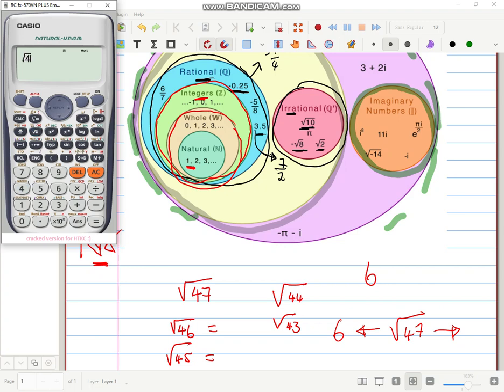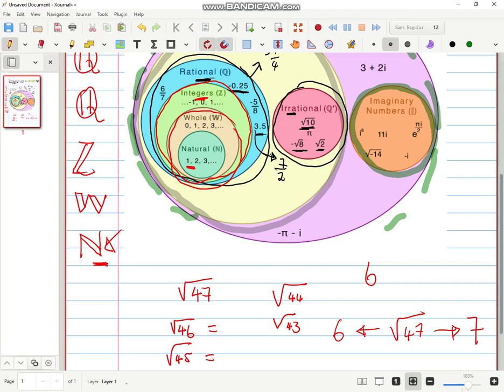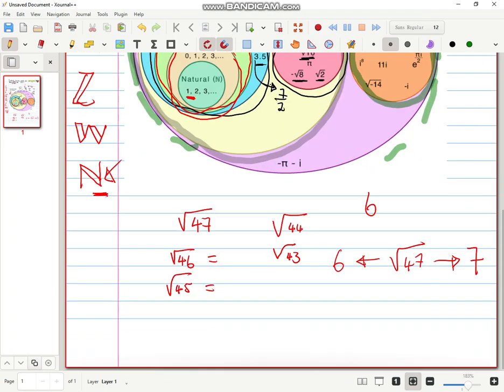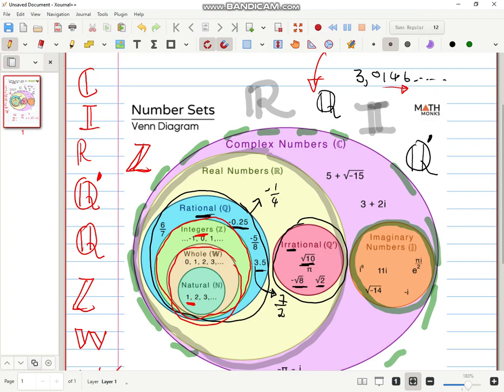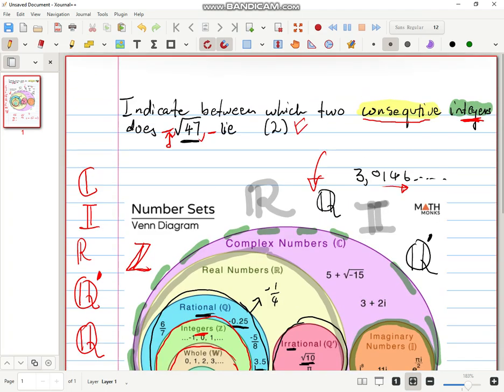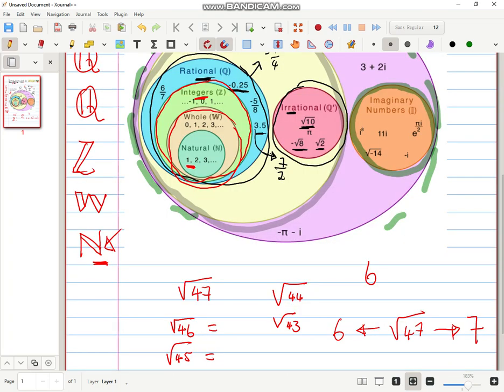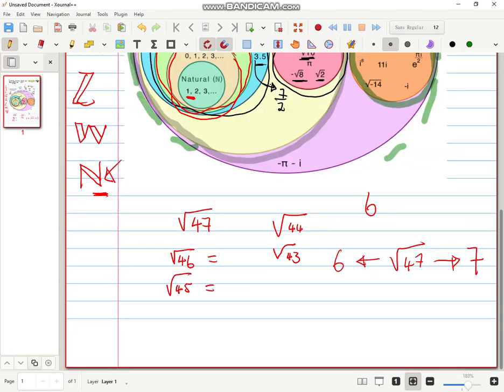Square root of 49, we get 7. Remember the question said consecutive, meaning that these numbers have to follow each other. So you can see that 6 and 7 do follow each other, right? And they are integers. So you're going to get 2 marks for this, 1 mark for that, 1 mark for that.